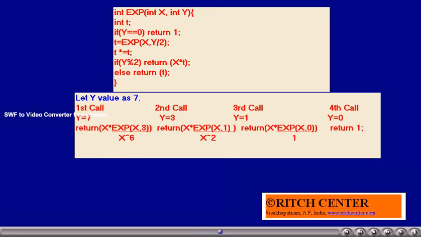The following recursive function will calculate x to the power of y. We have included a trace for this recursive function call for y value of 7.